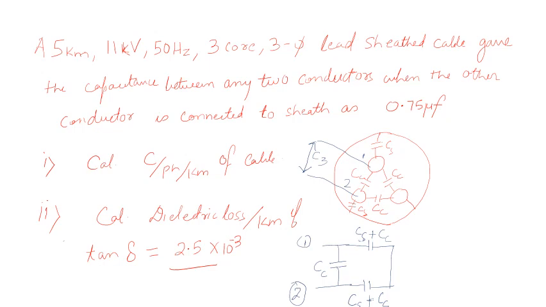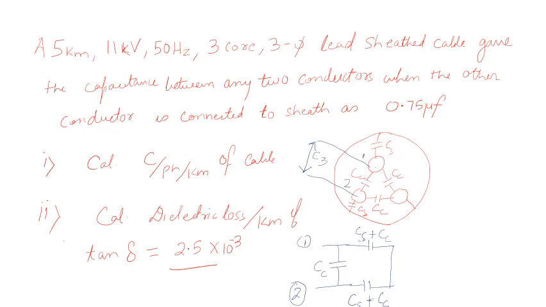The other conductor is connected to the sheath, and the capacitance is measured between the other two conductors, core 1 and 2.